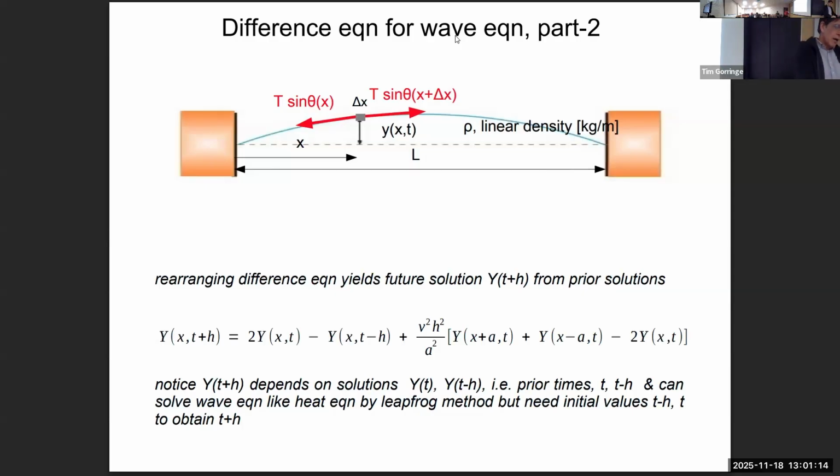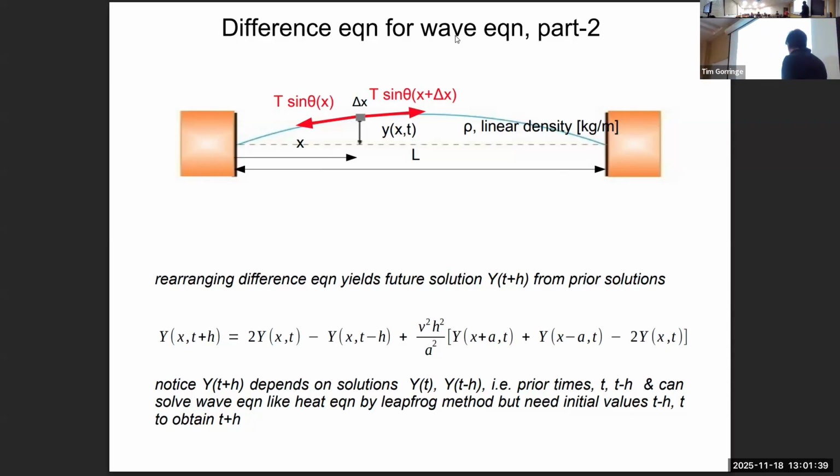Okay. So we have this equation, and this is how you could imagine solving the wave equation numerically by calculating the future value of the wave on the string at some future time in terms of the current value of the wave on the string.